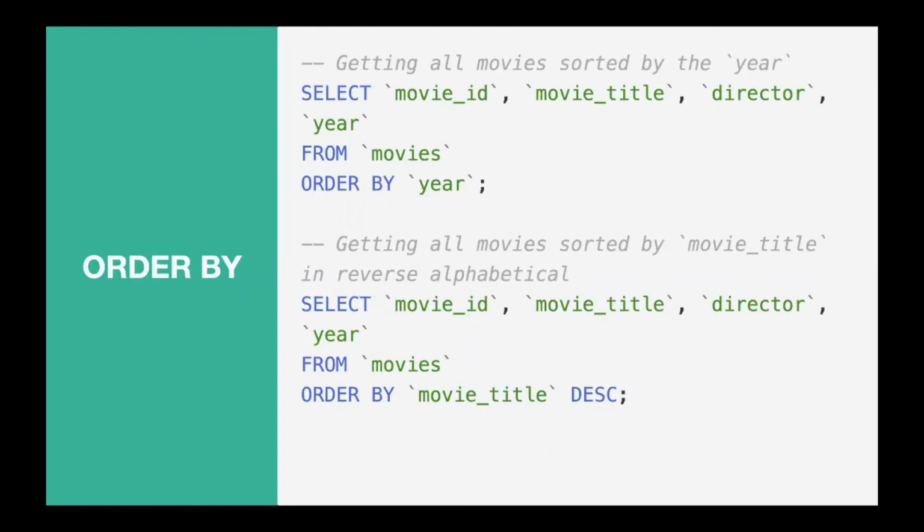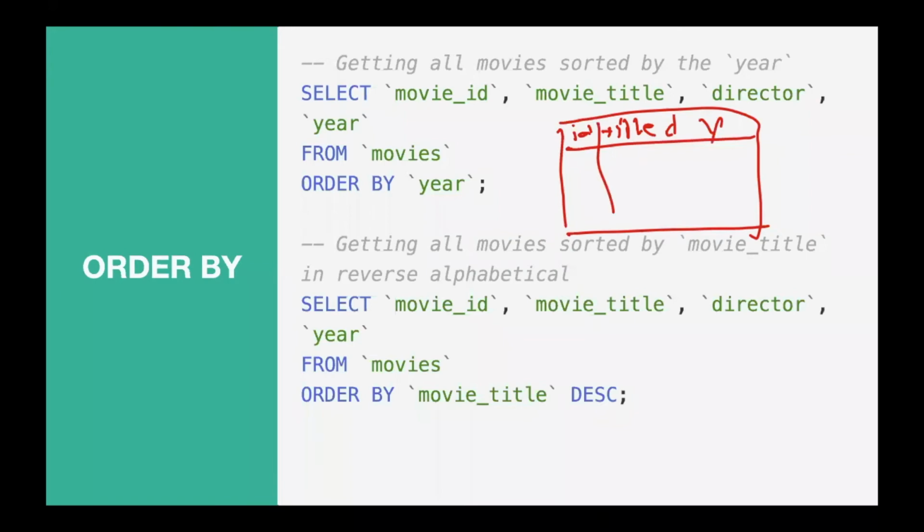I should probably really add pictures to these slides so you can see what these would look like. So I'm just going to draw something out here. I'm going to use some shorthand because I don't have a whole lot of space. So this would be something like ID, title, director, and year. Those are our columns. Imagine this is the table we'd get back. Inside of here would be all of the movies, because we haven't limited our movies in any way.